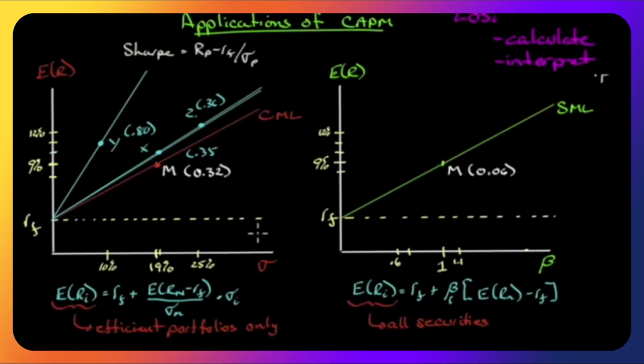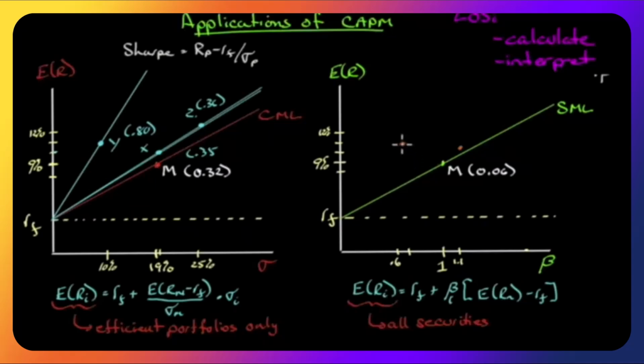X had 10% with a beta of 1.1. So there's 10%. Here's a beta of 1.1, and 10%. We're probably about there. Y had 11% with a beta of 0.7. So here's 11%. There's 0.7. We're probably about there. And Z was 12% and 0.6.